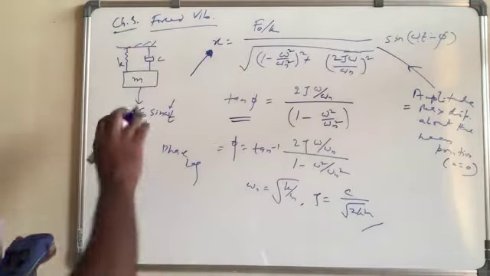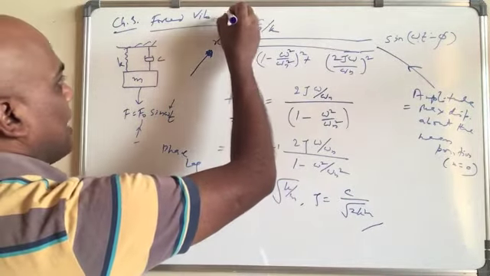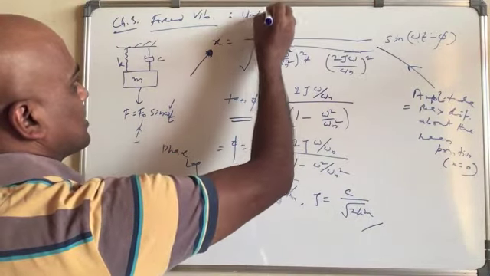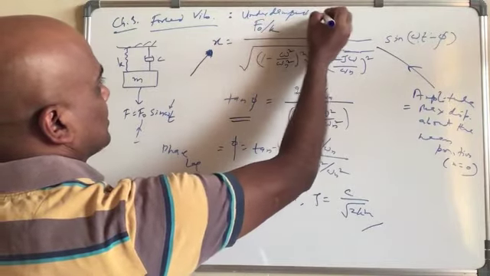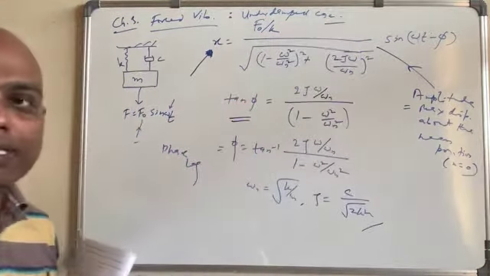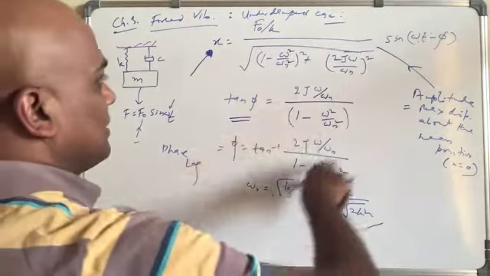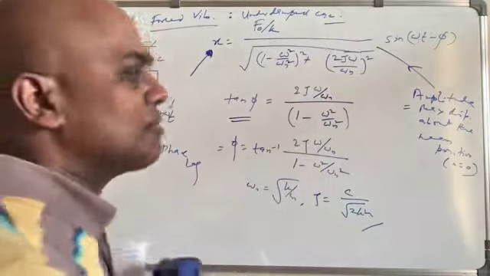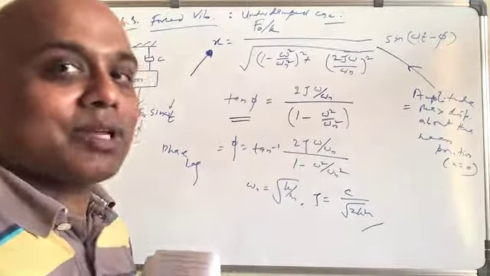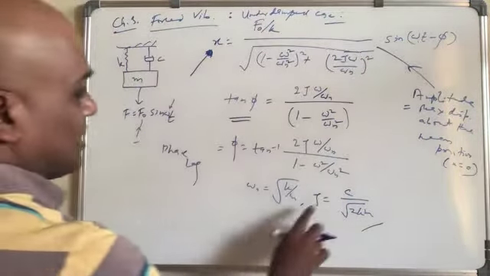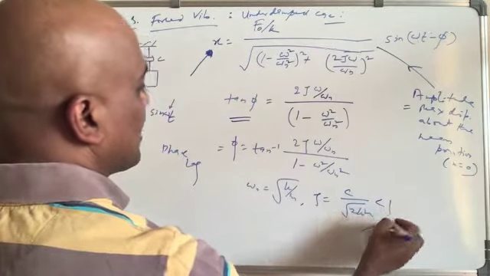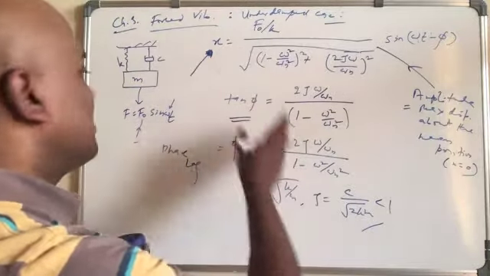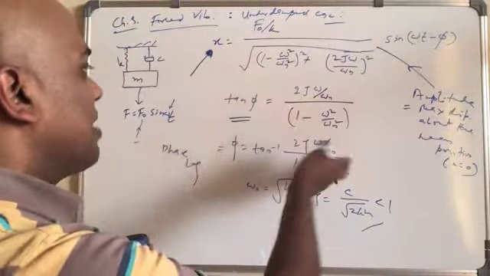And always I gave the underdamped case. All these equations are valid for the underdamped case only. In forced vibration we studied the underdamped case only, so the C was such that zeta equal to C over this was always less than 1. So it is a very straightforward formula-based question. You just plug in the values and get the answer.